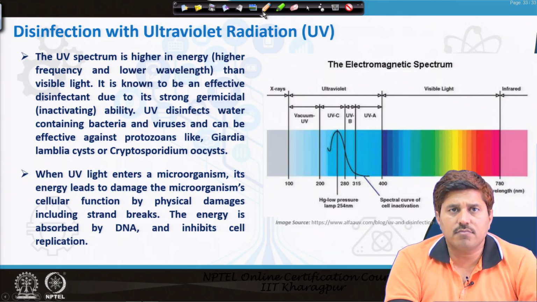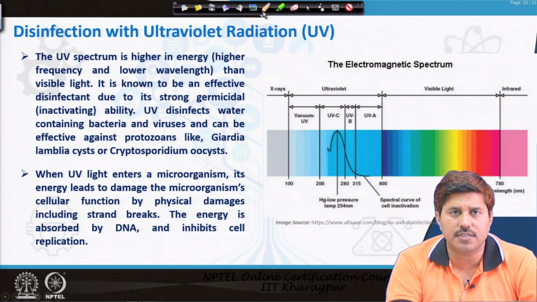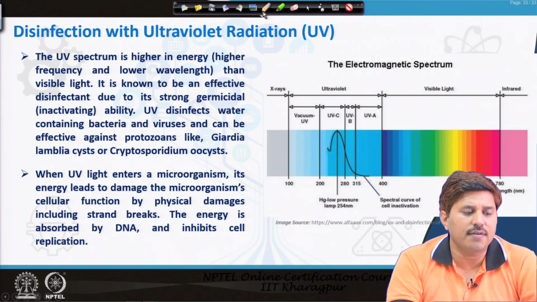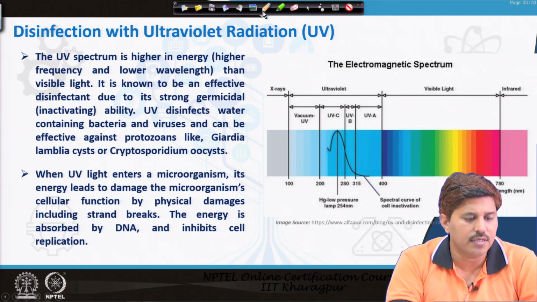The UV spectrum has higher energy than the visible spectrum, but lower than X-rays. X-rays have even higher energy than the UV spectrum, and further lower wavelength and higher frequency.